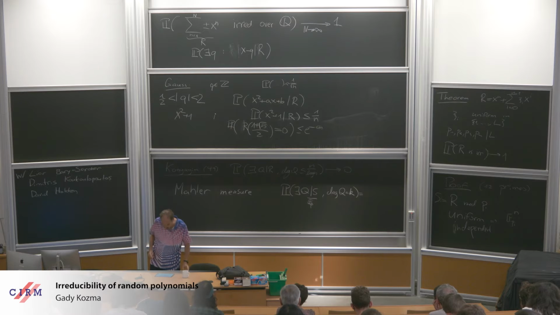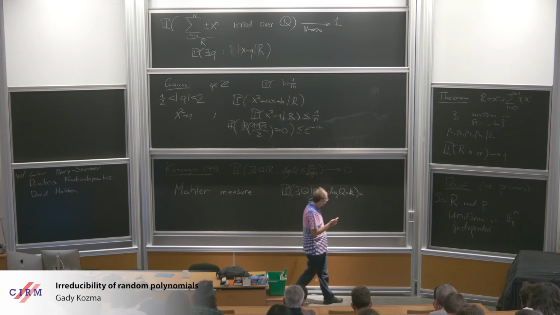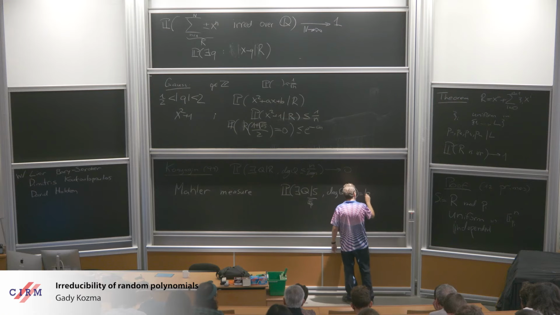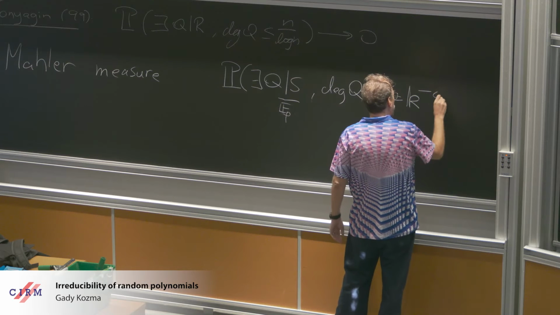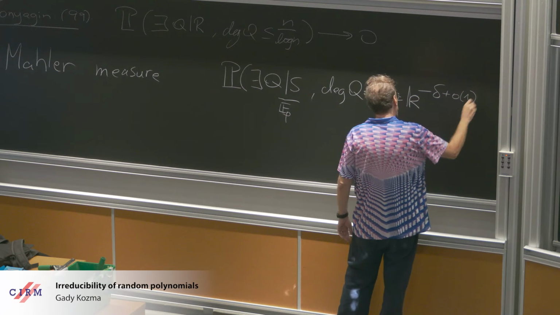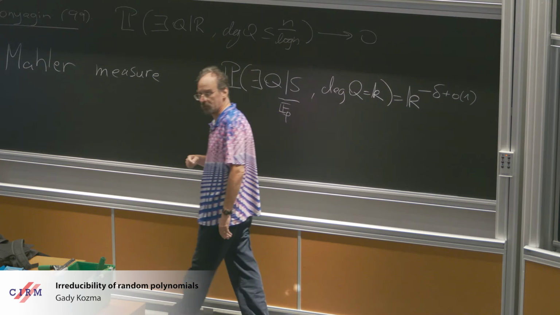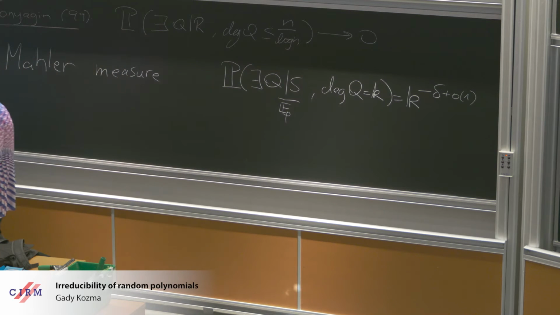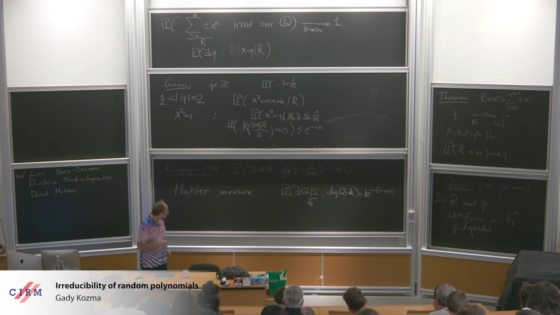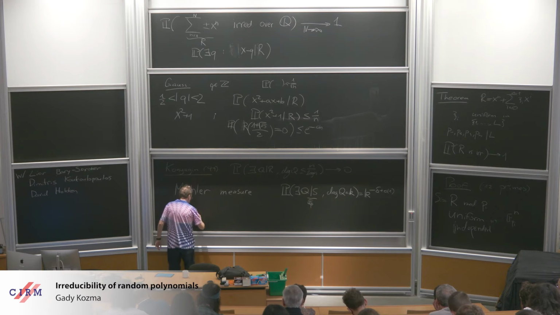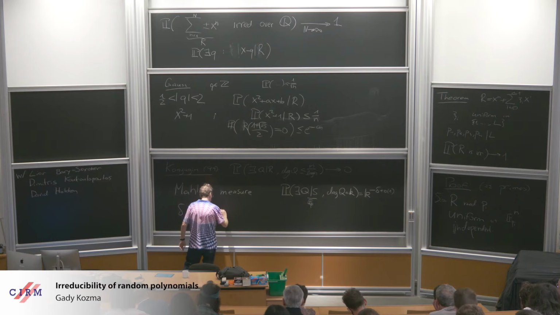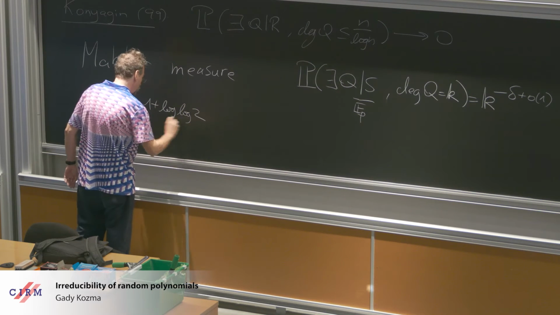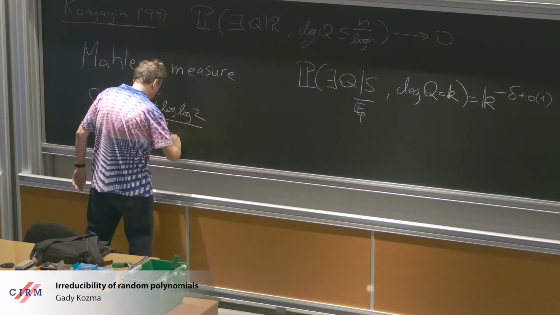This is an old problem, which has been studied by many people, starting by Erdős, in a sense. And the answer is that it's k to the minus delta plus o(1). And delta, I'm sure everyone guesses here, is equal to 1 minus (1 plus log log 2) divided by log 2.